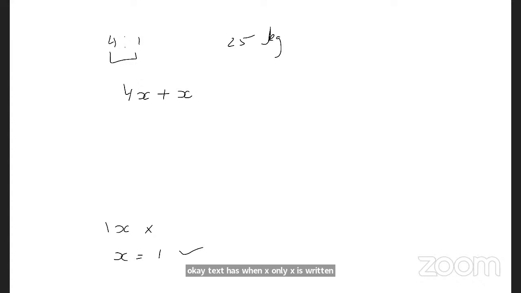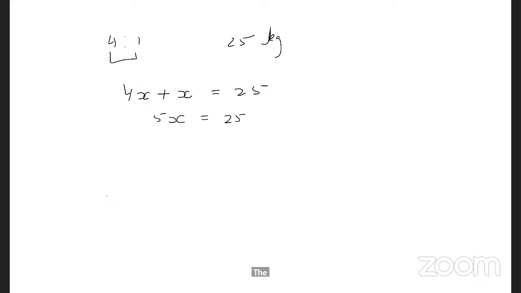That is why you're going to write 4x plus x equals 25. Then you can express this as 5x equals 25. The answer is 20 kg and 5 kg if you solve it further.